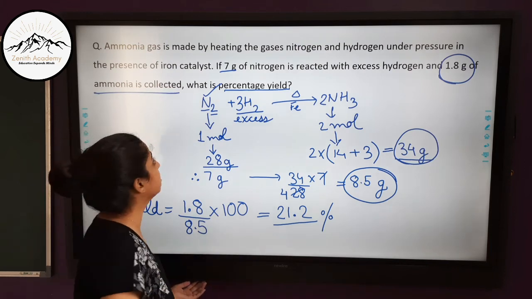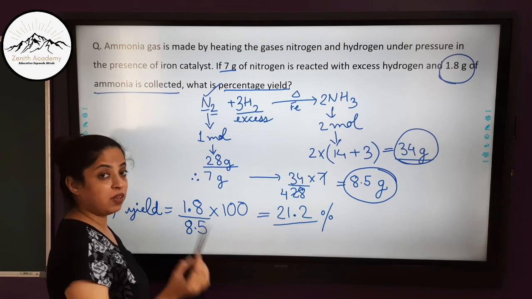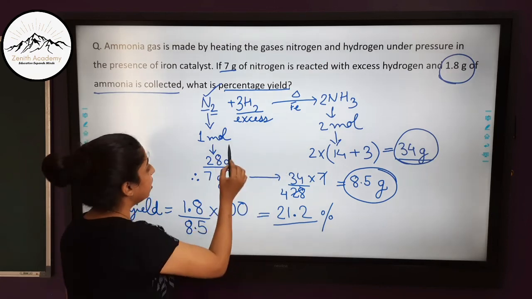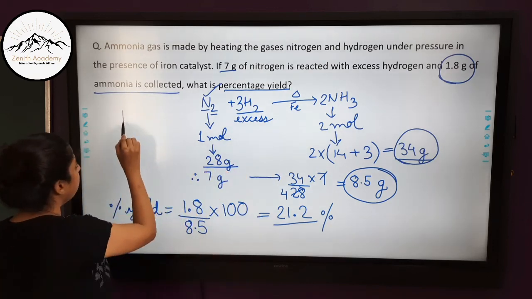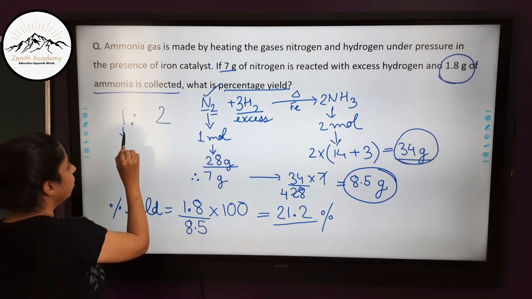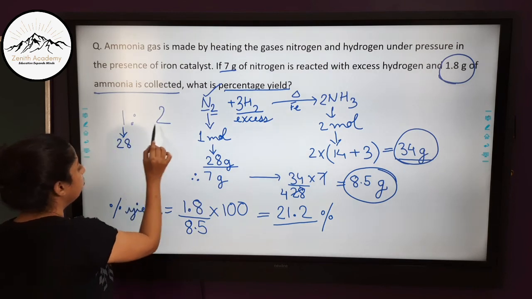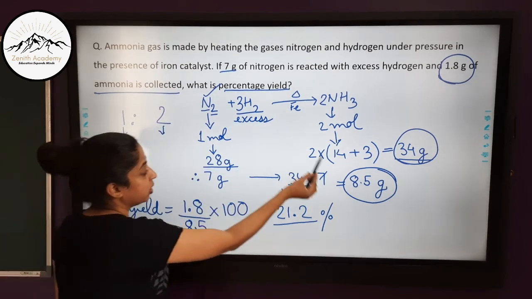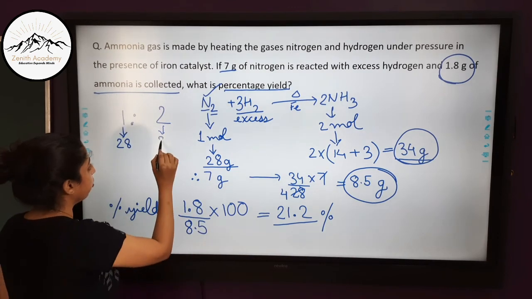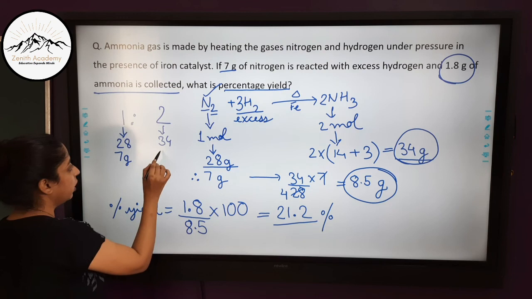I will revise this. First we wrote the equation, then we balanced the equation, then we found the ratio that it was 1:2. Then for 1 mole we found out the relative molecular mass, that was 28. For 2 moles of ammonia we found the relative molecular mass, which was 34. Now in question it was given that this is 7 grams. So what it will be?